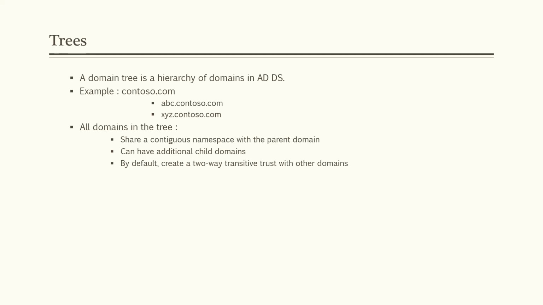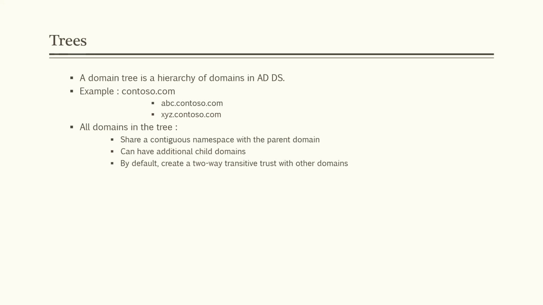There are certain properties held by the domains of the tree, one of which is sharing a contiguous namespace with the parent domain. So in the example above, you can see that abc.contoso.com is holding the same namespace as its parent domain called contoso.com. Secondly, the child domains can have additional domains.